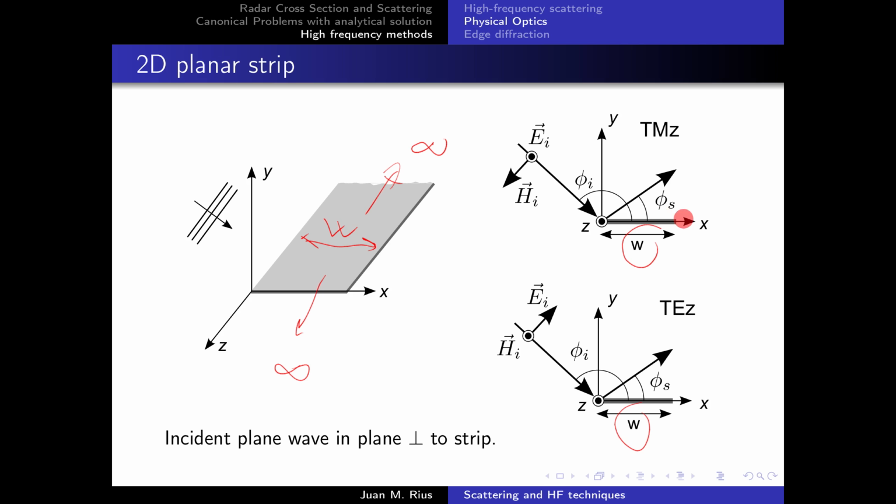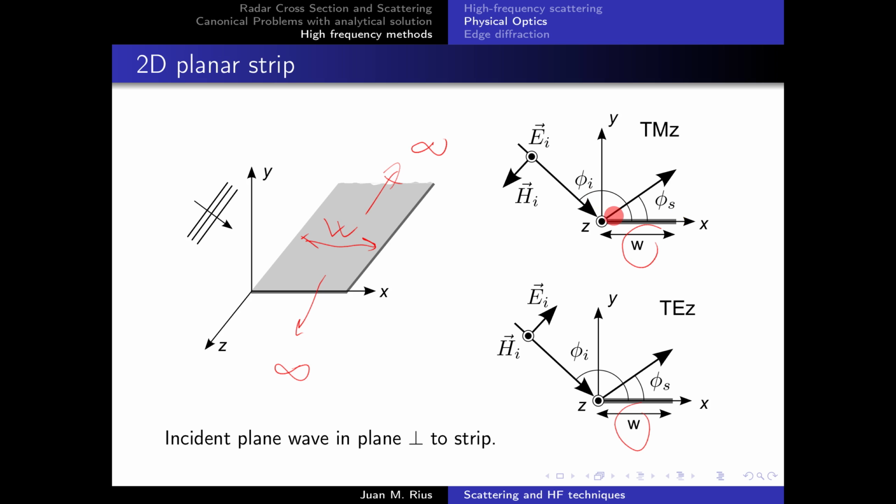The strip is here. We compute the scattering using physical optics. This is very easy because in this case, the projection of the component of the magnetic field tangent to the surface is constant over the whole surface, so the magnitude of the physical optics current is constant, and you only have the phase variation of the physical optics current.